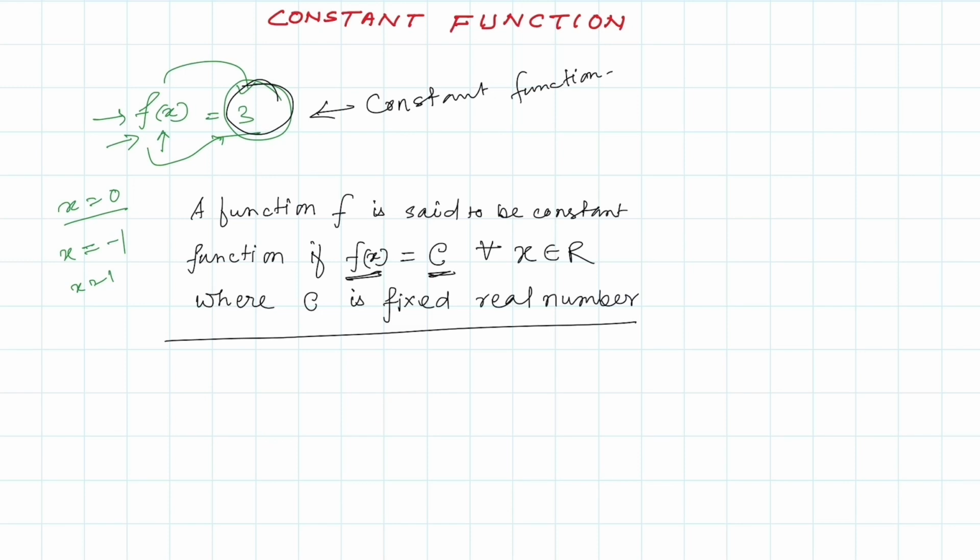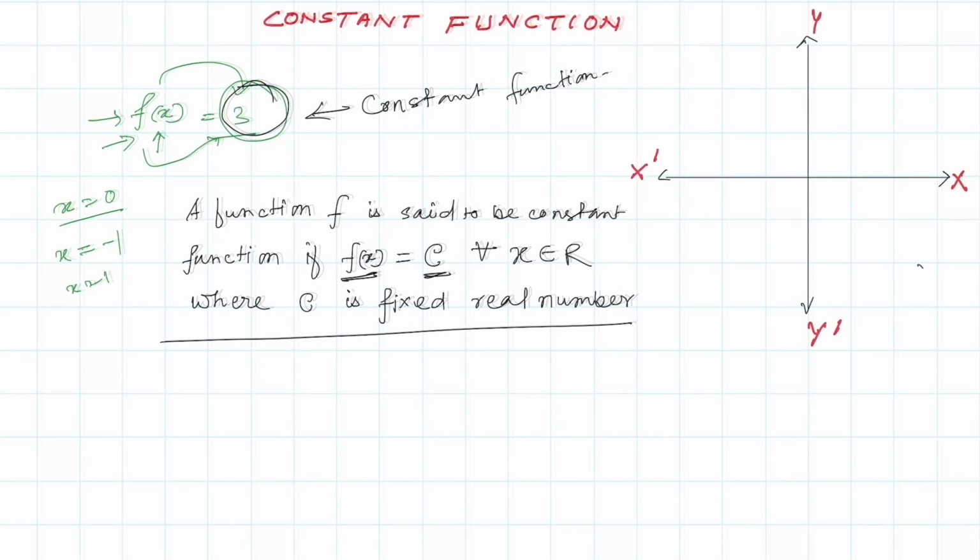Let me show you how to draw the graph of this function. Here we have a Cartesian plane with the x-axis, the y-axis, and the origin O. Consider y is equal to f(x), which is equal to c, a fixed real number. Suppose this length is equal to c.